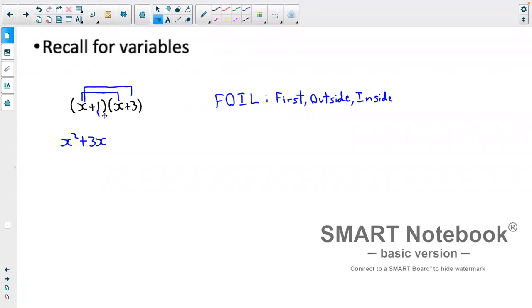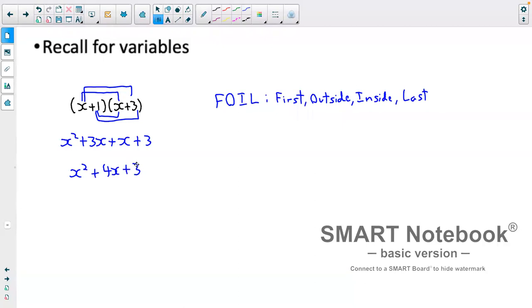So that's our two inside terms. So 1 times x is x. And then L stood for last. So we multiplied the two last terms together. So 1 times 3, so plus 3. We then combine like terms. So we have x squared plus 3x plus x is 4x plus 3.